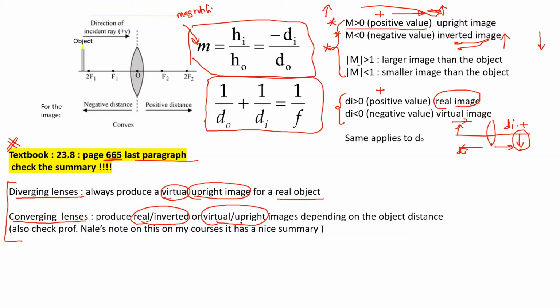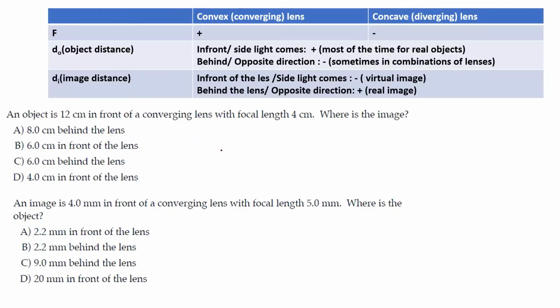If it's virtual, it will be upright, depending on the location of your object. So try to do these two and tell me the answers you get. Be very careful with signs. Always refer to the table above and do it.